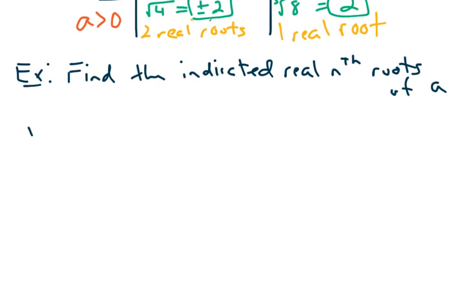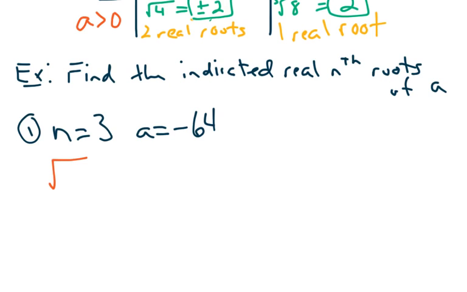Okay, so number 1, we're going to say n is equal to 3, and a is equal to negative 64. Again, if we were going to write this out, we're thinking nth root of a. So this becomes the cube root of negative 64.